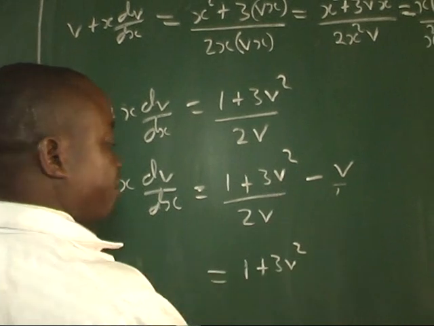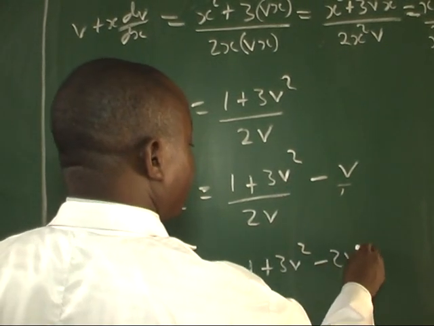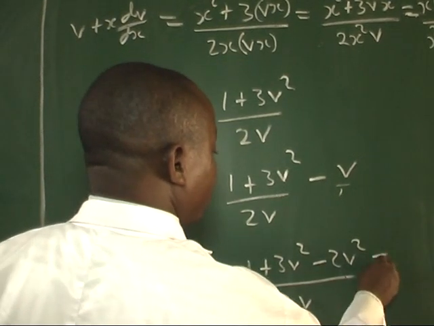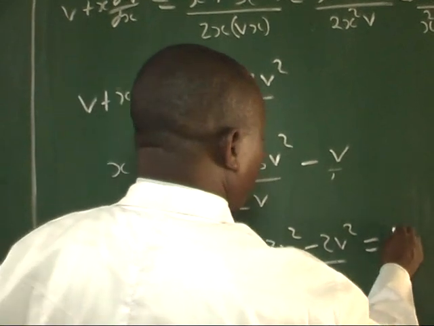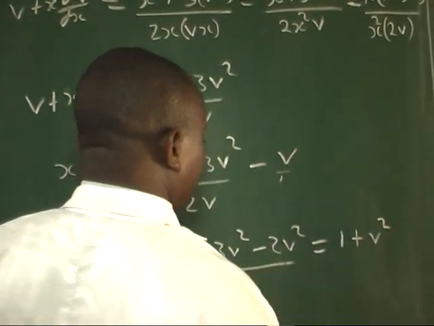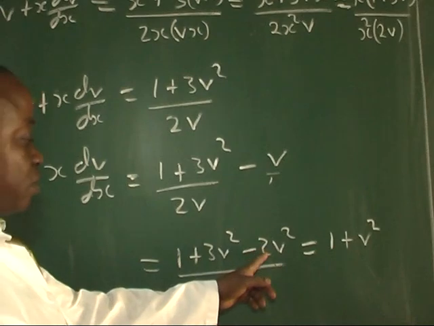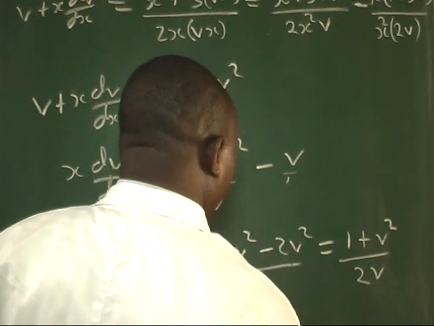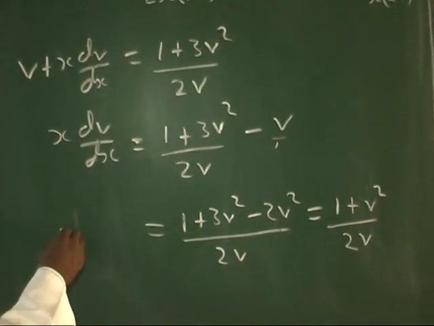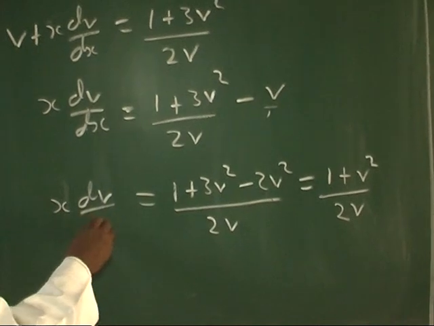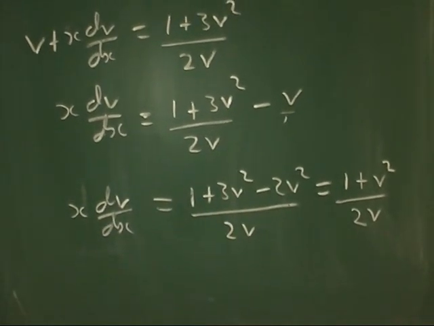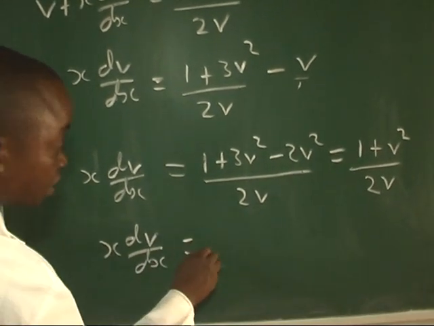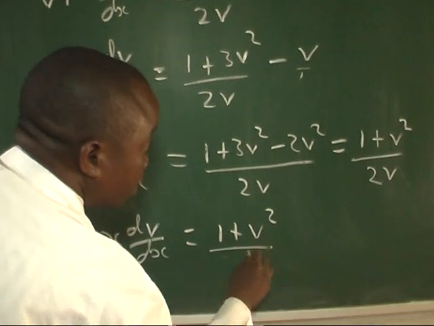So when we multiply it, we have minus 2v squared all over 2v, which will give us 1 plus v squared, 3v squared minus 2v squared, because v squared, all over 2v. So that means x dv/dx is equal to that. Or we can write it clearly that x dv/dx is equal to (1 plus v squared) all over 2v.